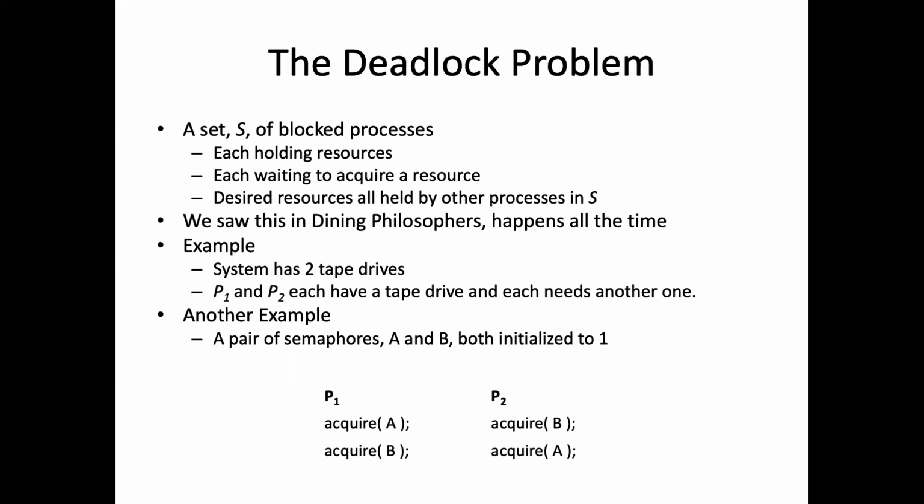So they go to the OS and say, let me use the tape drive. And the OS says, sure, I got 2 of them, you can each have 1. And so far we're fine. But if they then both decide they need a second tape drive, then they are both stuck. It's the same as what we talked about at the top of the slide. They both have some resources, but they're all waiting for resources that are held by the other process.